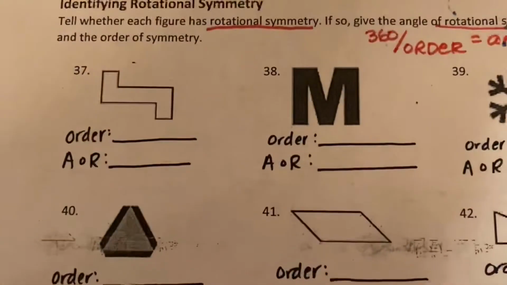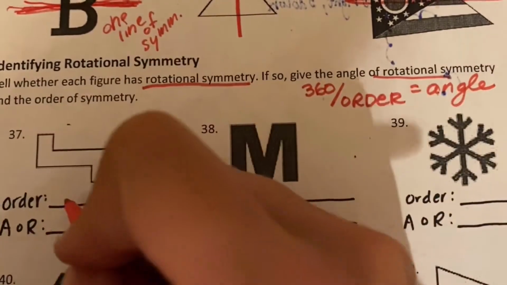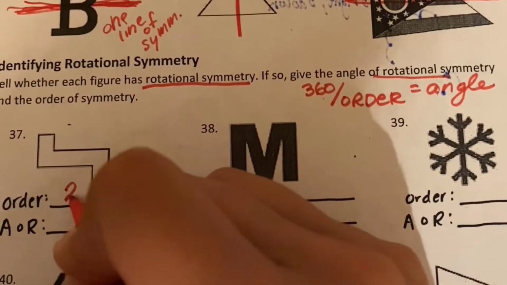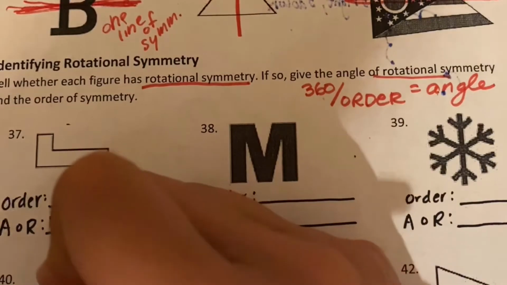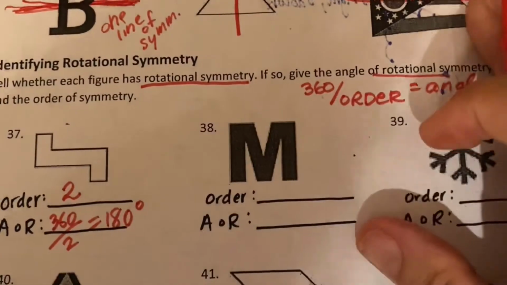Ooh, maybe. Does it look the same? No. Does it look the same? Ooh, yeah. Interesting. So it looks the same upside down and right side up. That means if I spin it all the way around, it looked like itself twice. So that has an order of 2, and 360 divided by 2 is 180 degrees.